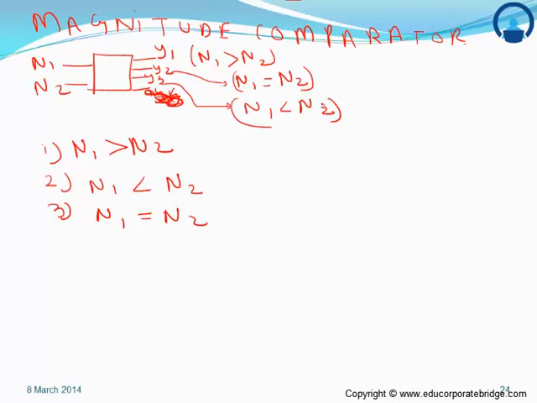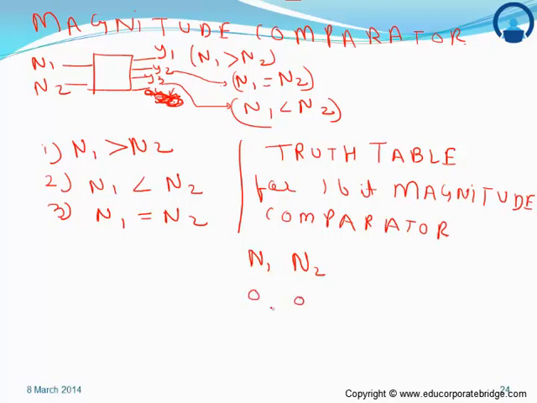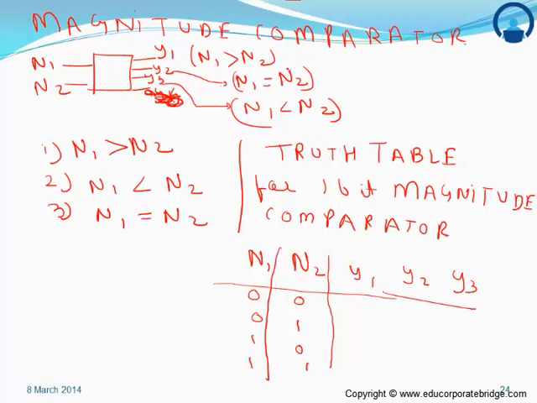So the truth table for the 1-bit magnitude comparator has inputs n1, n2: 0 0, 0 1, 1 0, 1 1, and the corresponding outputs y1, y2, y3. As we have denoted n1 greater than n2 by y1, n1 equal to n2 by y2, and n1 less than n2 by y3.